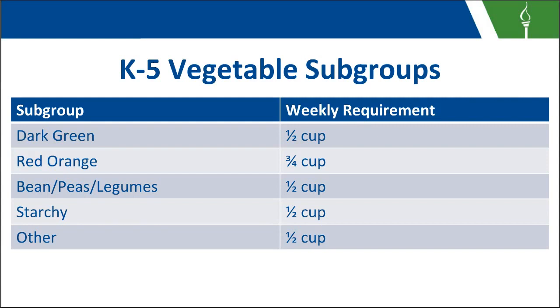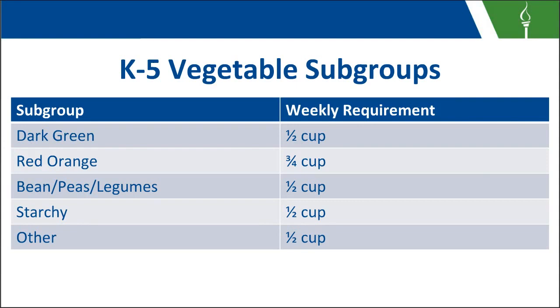So that's the same as like your potatoes and corn, and then your green beans are going to fall in the other subgroup. So things like your green beans, iceberg lettuce, cucumbers, things like that.